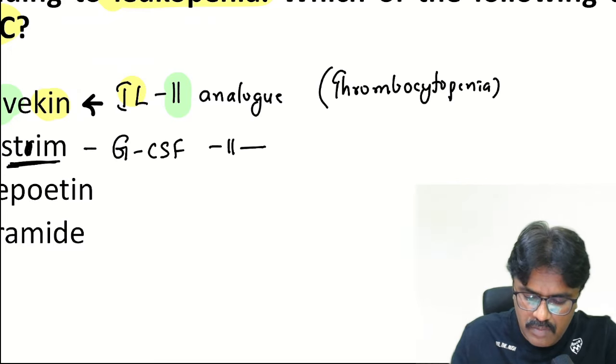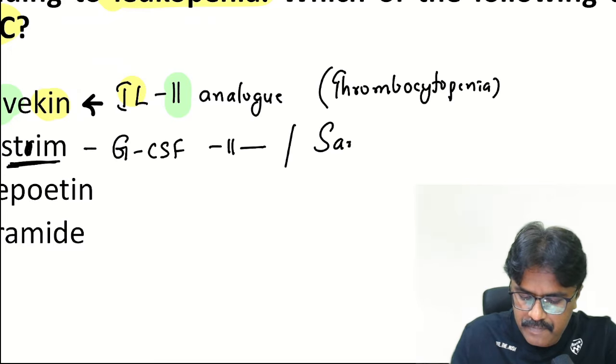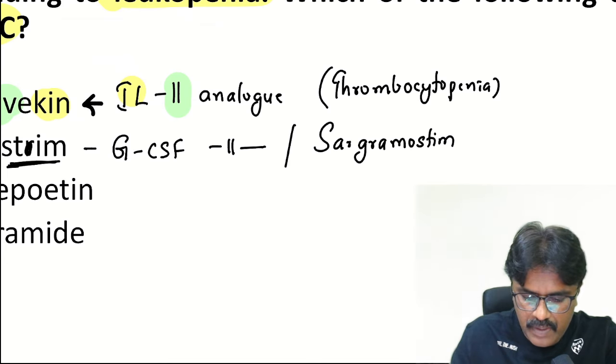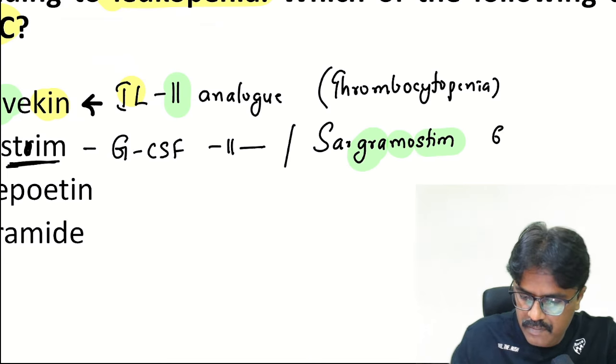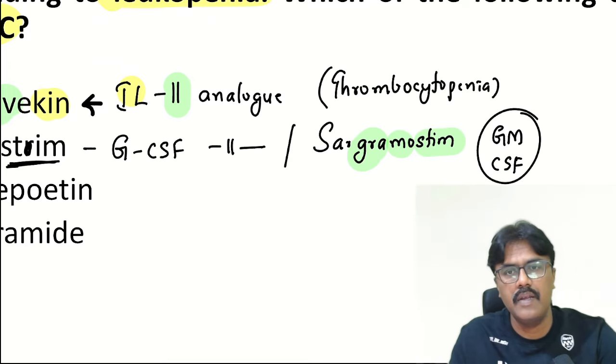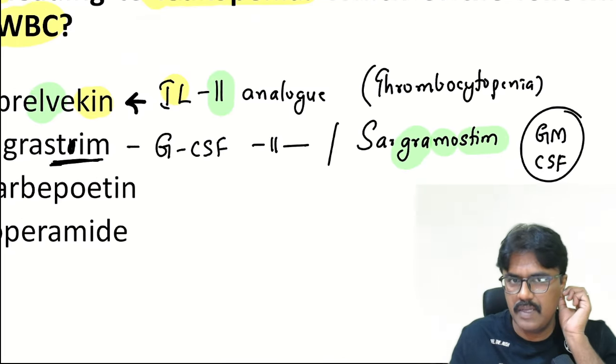One more drug similar to that is sargramostim. It's a granulocyte monocyte stimulator. It's a GM-CSF analog that can also be used in this patient.